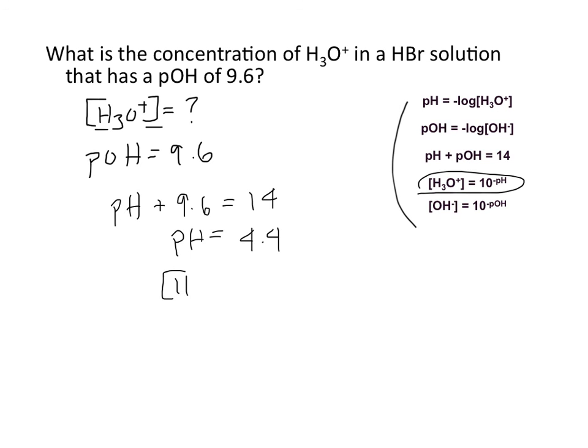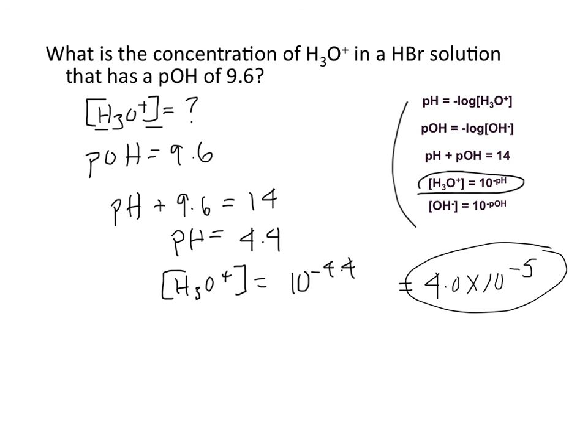So to get H3O+, we're going to do 10 to the negative 4.4, and that's going to give us 4.0 times 10 to the negative 5th. So this is our concentration of H3O+ in this HBr solution.